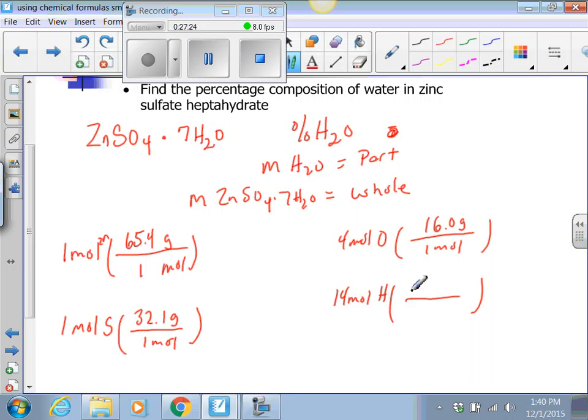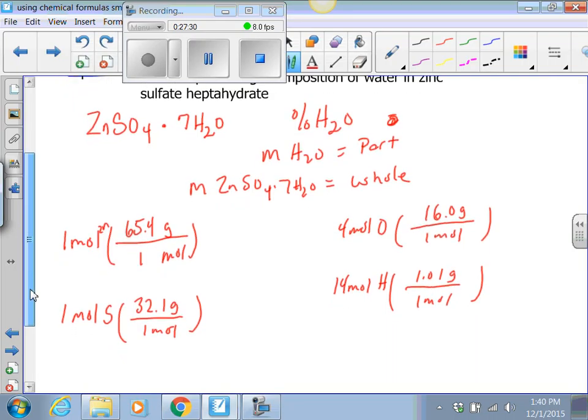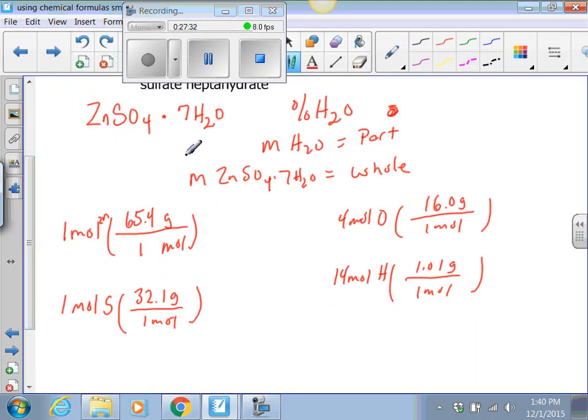And that's going to be 1.01 grams for every 1 mole. And how many moles of oxygen do we have? 7. So 7 moles oxygen at 16.0 grams per mole. Now notice that I've got oxygen 2 places. It doesn't matter if they're in 2 places. We're going to sum it all together in the end anyway.